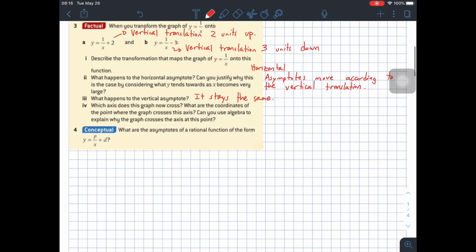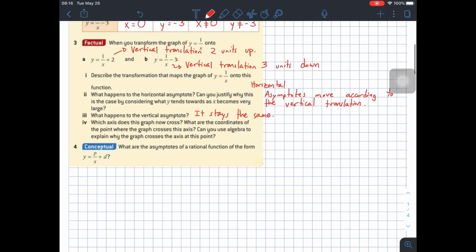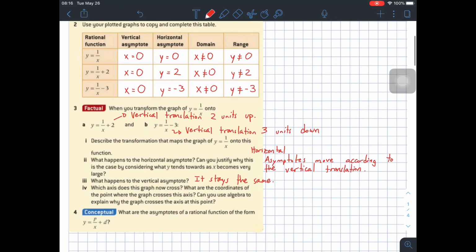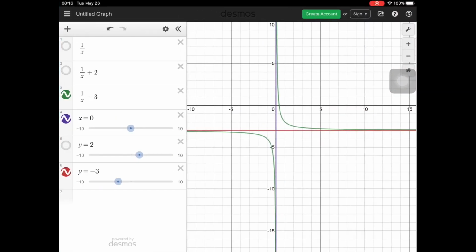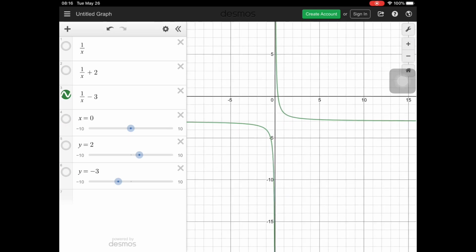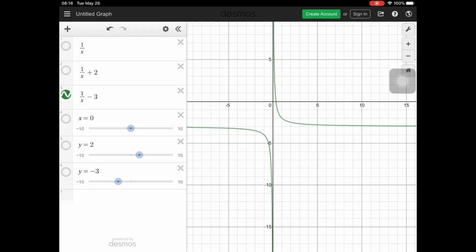So which axis does the graph now cross? What are the coordinates of the point where the graph crosses this axis? Can you use algebra to explain why the graph crosses the axis at this point? Okay, so if you take a look, for example, at the third one, the one that we have already plotted, you see that the graph is crossing the x-axis, right?